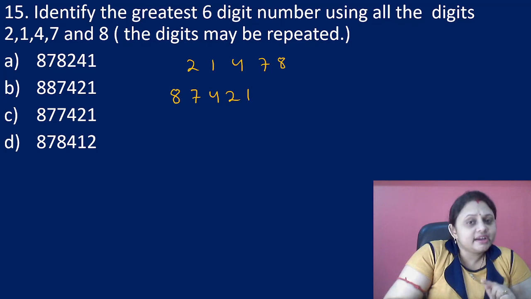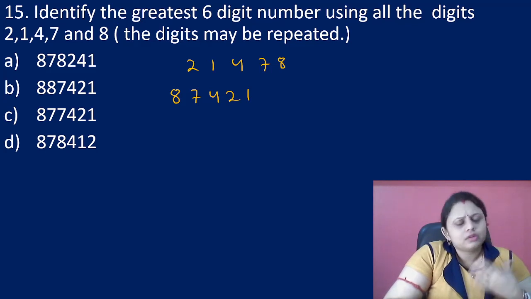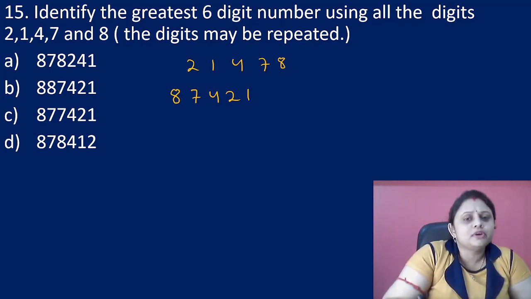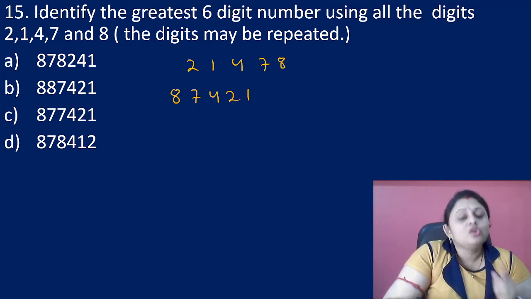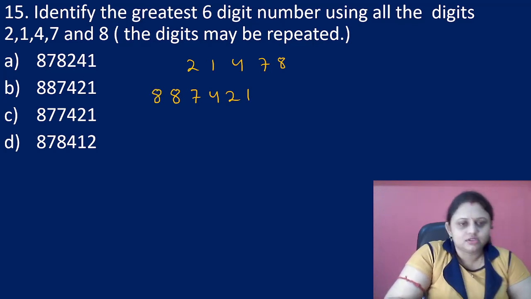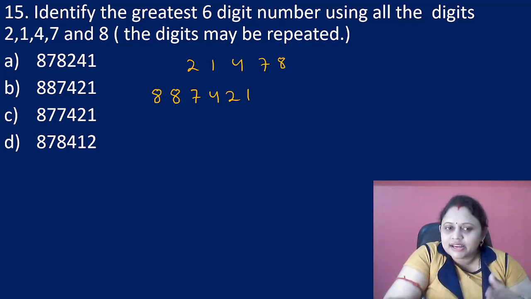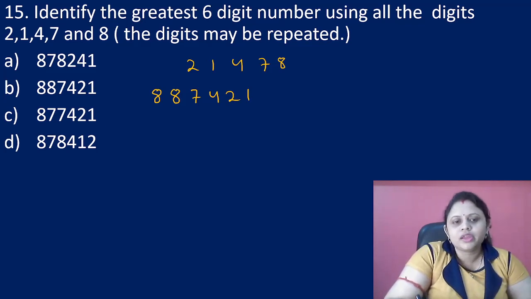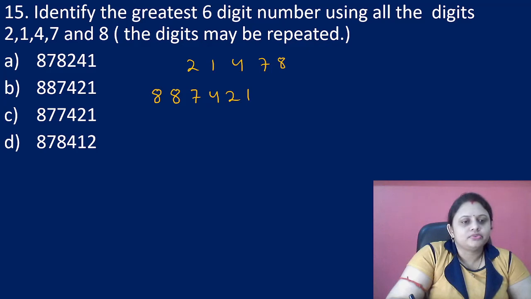To find the greatest number, if we need to repeat a number, we will repeat the largest number. Which is the largest number? 8. So we will repeat 8. Okay, and we have to write that 8 before this 8. So 8, 8, 7, 4, 2, 1. It will be our correct option, which is present in option B.